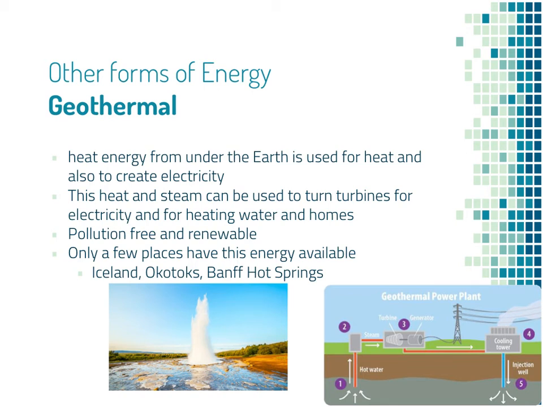Really what we're looking at is groundwater that is quite warm because it is being heated by Earth's crust. And we're using that to generate steam to turn a turbine in a generator to create power. But in some cases, this hot water is directly used within homes to heat the home just with hot water, not with electricity.